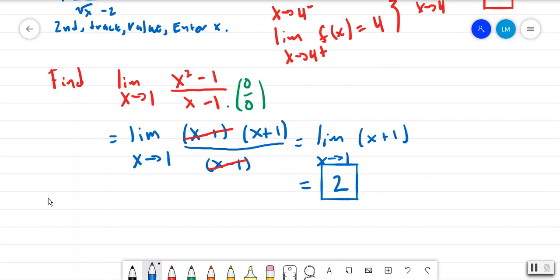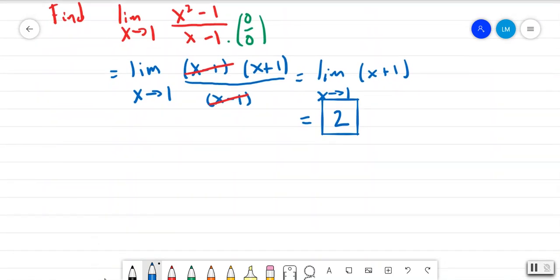Now, I would recommend that you also look at what it looks like based on the graph. If you were to draw x plus 1, this is approximately what it's going to look like.